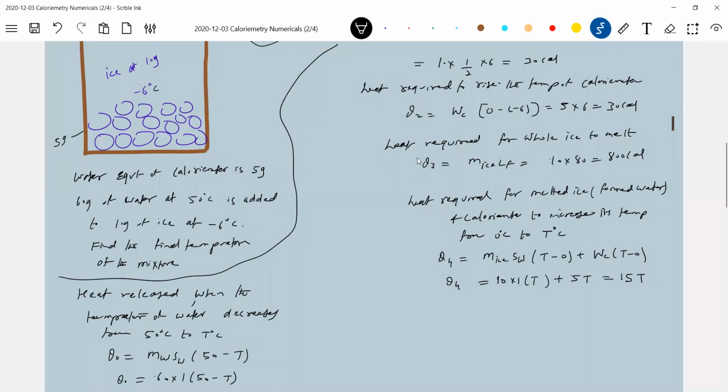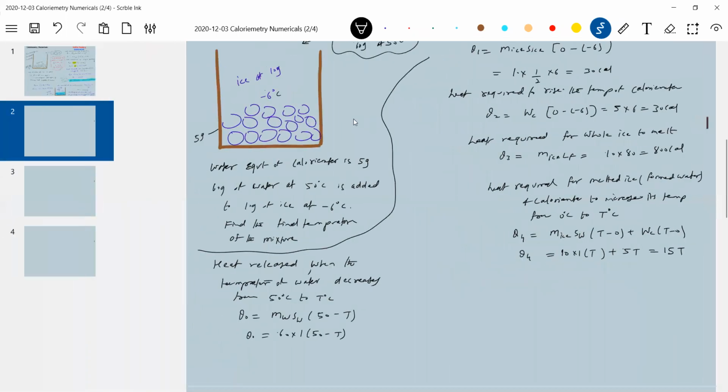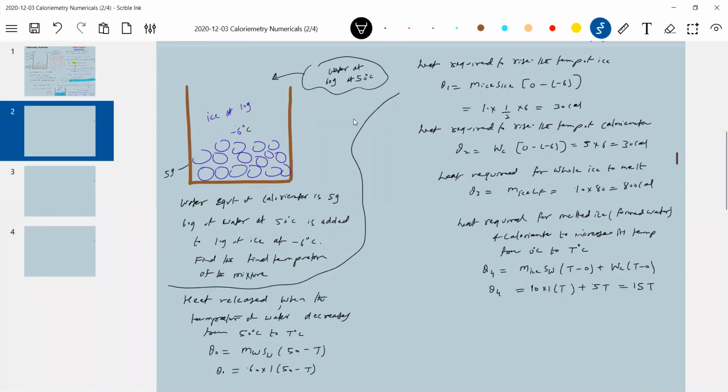What shall I do after this? I think this Q naught should be equal to Q1 plus Q2 plus Q3 plus Q4. I should equate these two. This is very important. Who will supply that Q1, Q2, Q3, Q4? The decrease in temperature of the water.